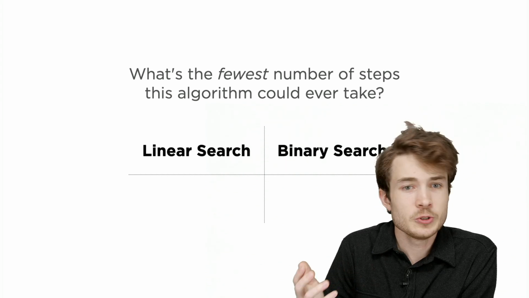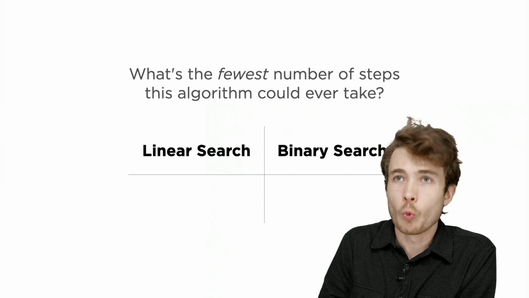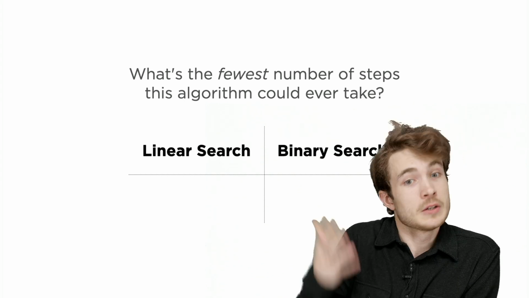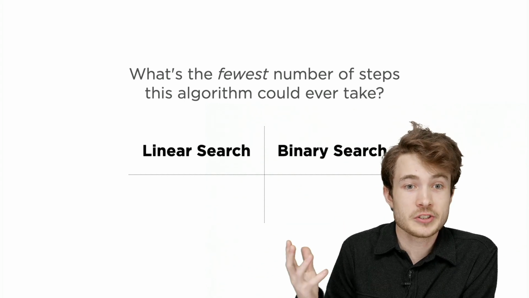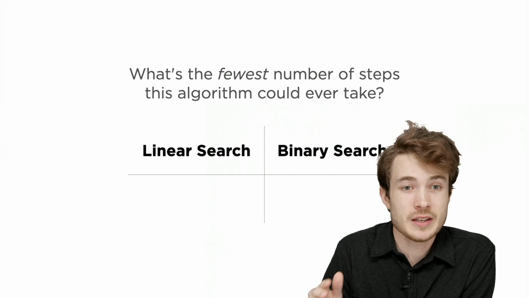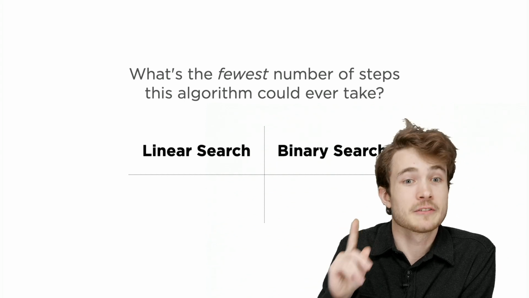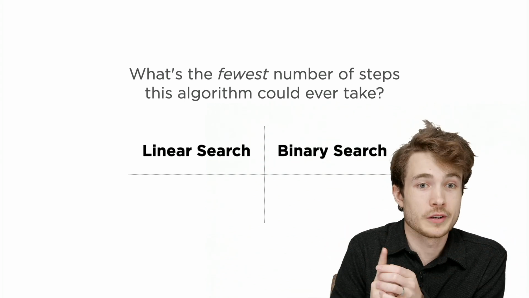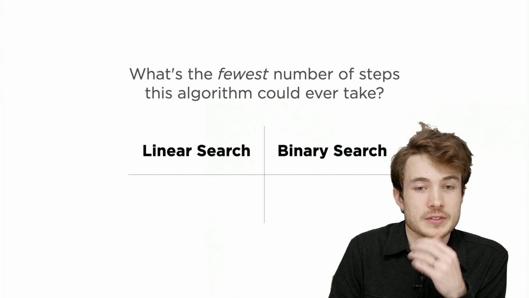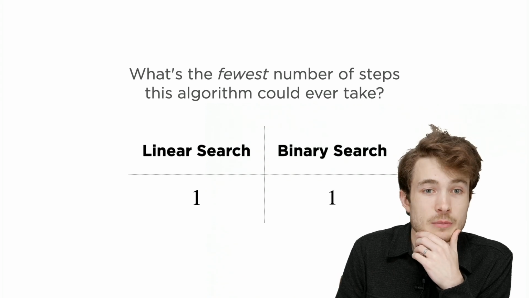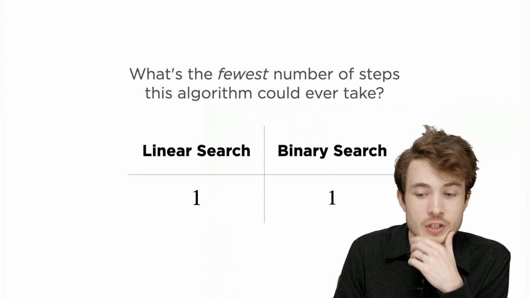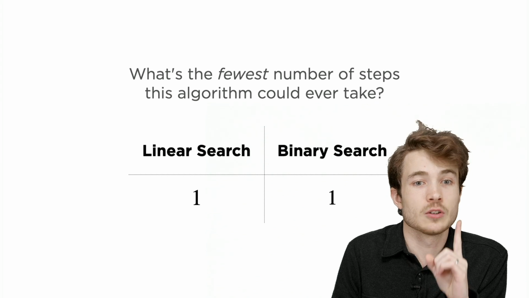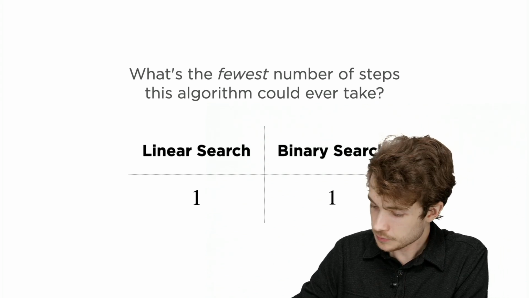And in this case, you could kind of simplify things and say, what happens if we get lucky? Well, it turns out that in linear search, the fewest number of steps we could take is just 1, our person at the very front of our list. And in binary search, it's similarly just 1, our person at the middle of our list. So in this case, it's still the same. Linear search and binary search, the best case, they only take 1 step.